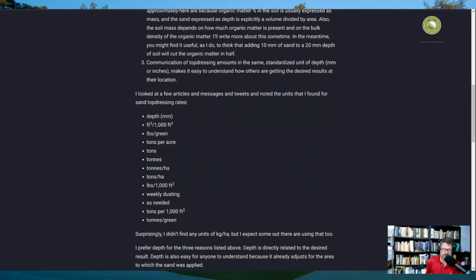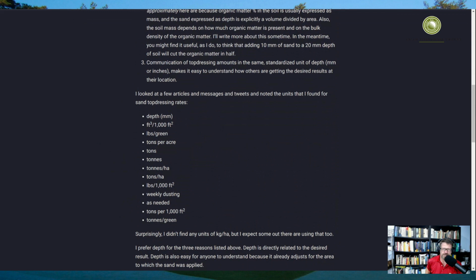And 1 liter spread over 1 square meter would be 1 millimeter in depth. So we know if we have 641 liters spread over 1,000 square meters, that would be 0.64 millimeters in depth.